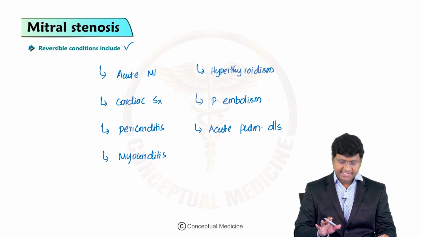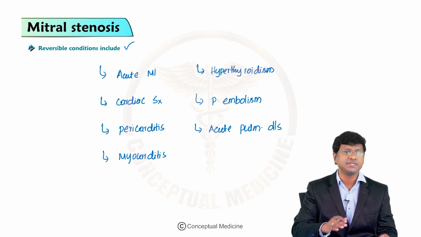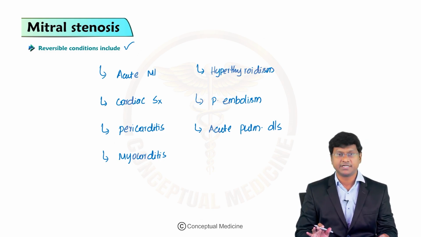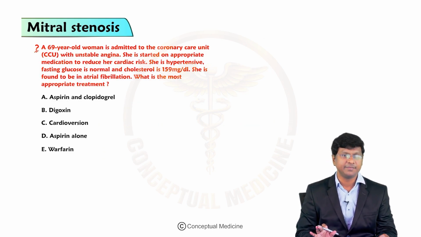So these are conditions where the individual can develop atrial fibrillation, but these are all reversible conditions. These are the types of atrial fibrillation.